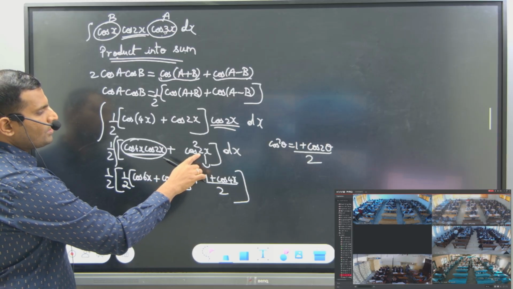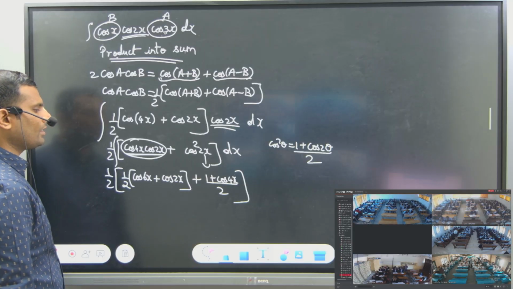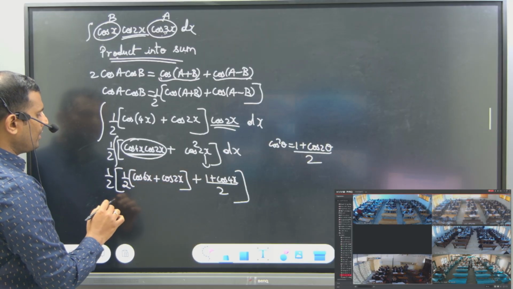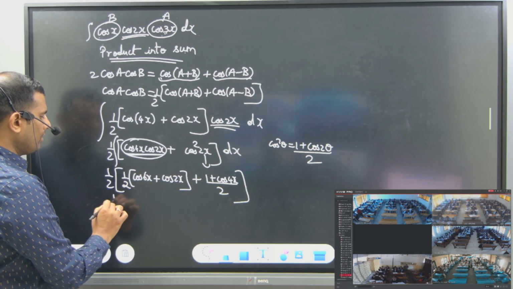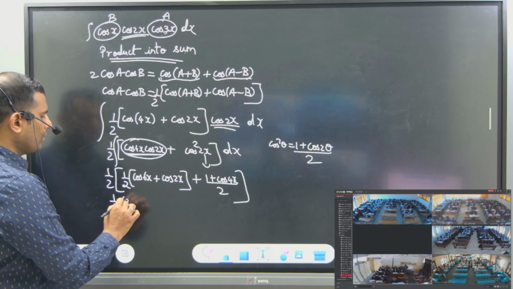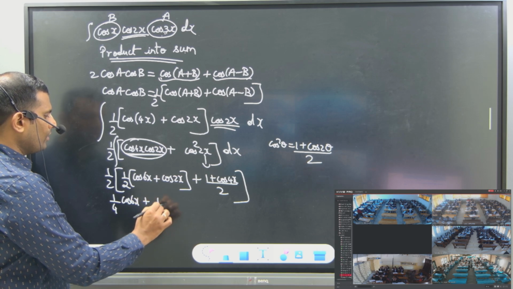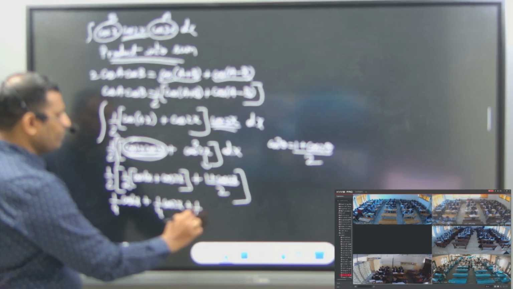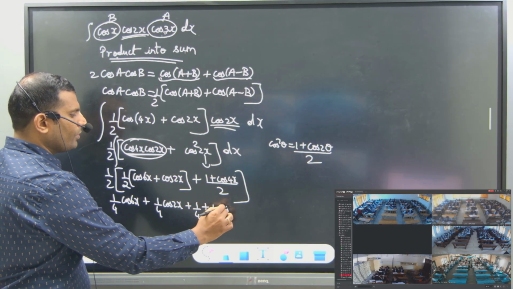So cos square 2x becomes 1 plus cos 4x by 2. Now multiply 1 by 2 to everything and integrate each of them. So you will have 1 by 4 cos 6x plus 1 by 4 cos 2x plus 1 by 4 plus 1 by 4 cos 4x.